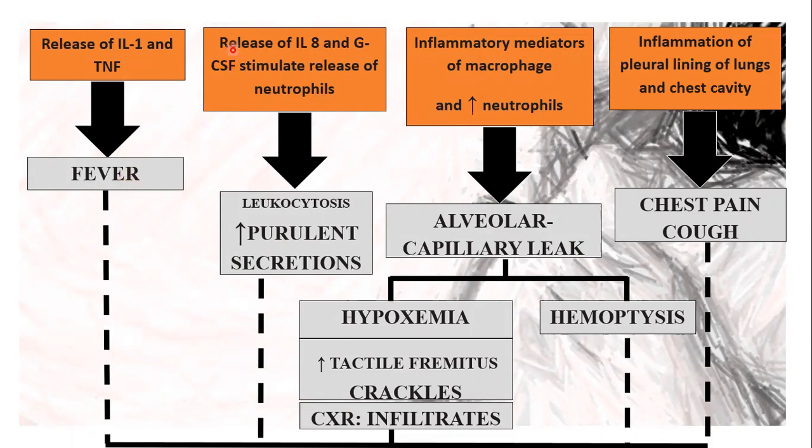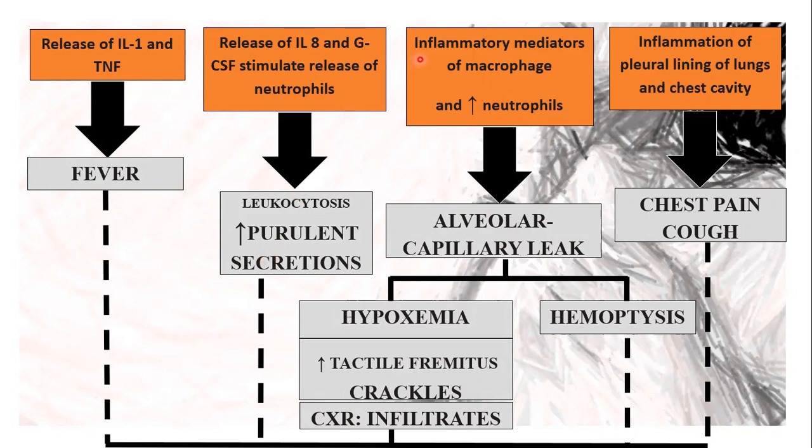Next would be the release of interleukin 8 and granulocyte colony stimulating factor would stimulate now the release of neutrophils. These neutrophils would accumulate, leading to leukocytosis, and it would cause the increase in purulent secretions in our patient. So that would manifest as productive cough.